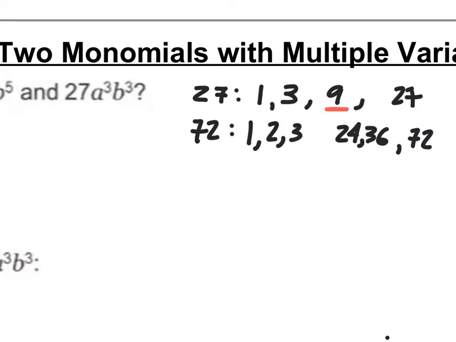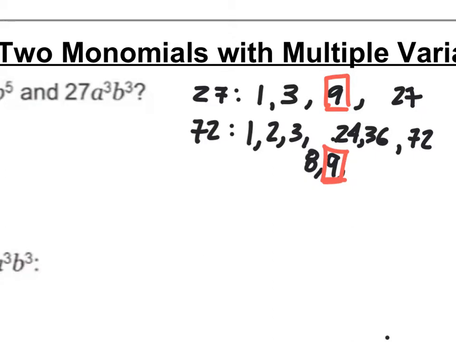There's quite a few of these, but now that I've seen these, I've got a 27, and none of those other numbers are going to be bigger. I don't have 27 anywhere else in here. 27 doesn't go into 72, and then the other one that I have is 8 and 9. 8 times 9 gives me 72. So what I notice is that 9 is the largest common number out of these factors. So my greatest common factor is 9.